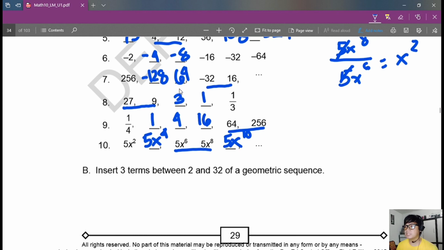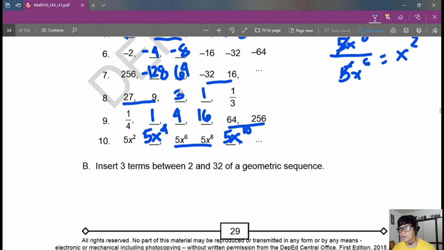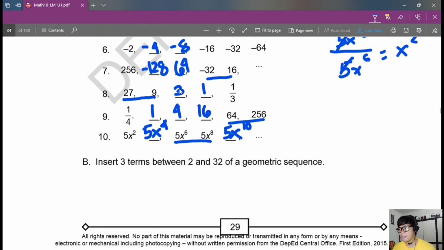In arithmetic sequence, ma-identify nyo yung next term by adding the common difference. In geometric sequence naman, by multiplying the common ratio. So if you want to get the terms to the left, just get the reverse. So the reverse of a multiplication is division.